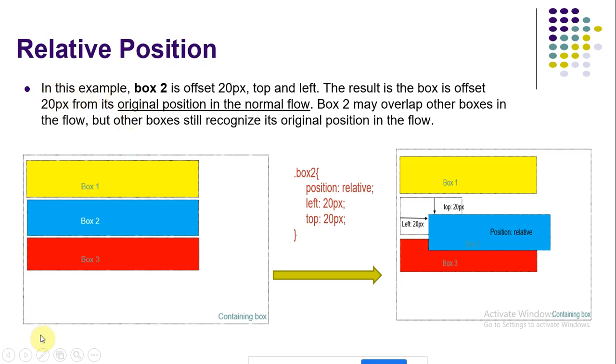Here I have one container box and I have 3 boxes. So this is the normal flow of box 1 and box 3.